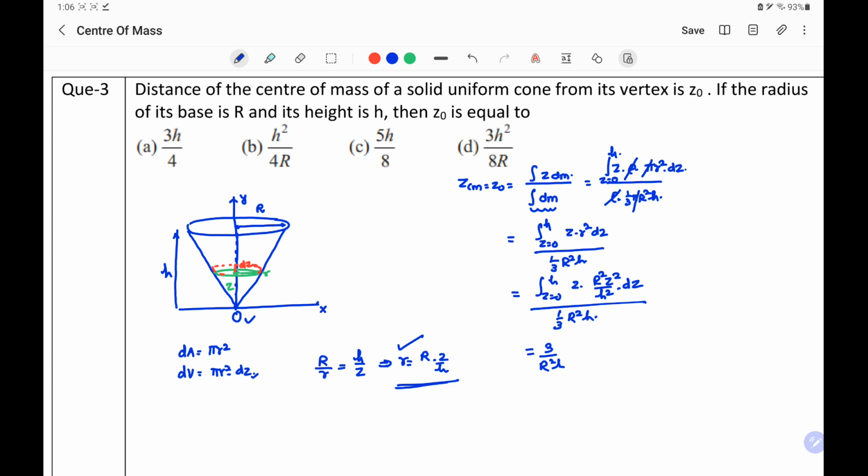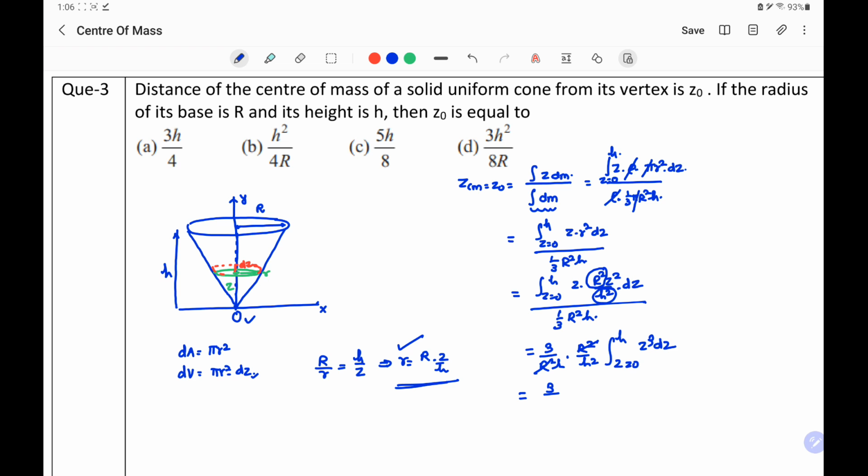This 3 will come in the numerator, so it is 3 into 3 by R square into h, and on the right hand side in the integral, this R square is constant and h square is also constant, so we will take it out of the integral. It is R square by h square, and the remaining is the integral from z equal to 0 to h of z cube dz. This R square gets cancelled.